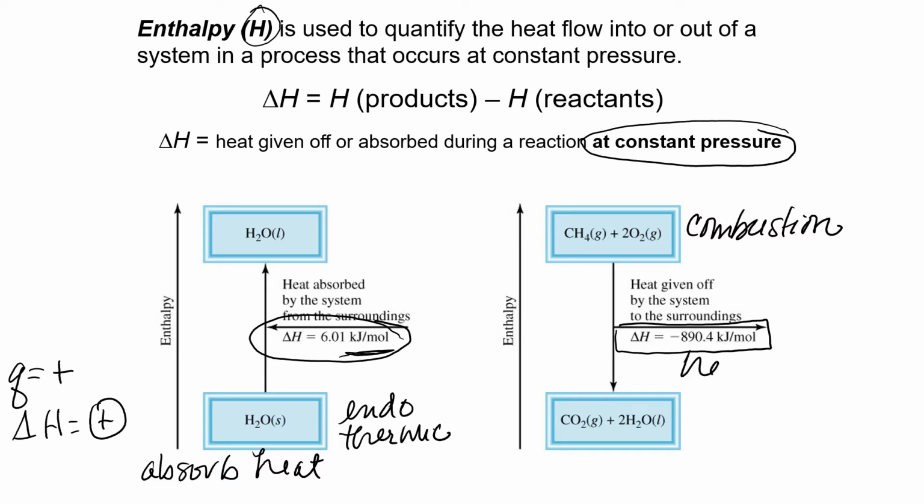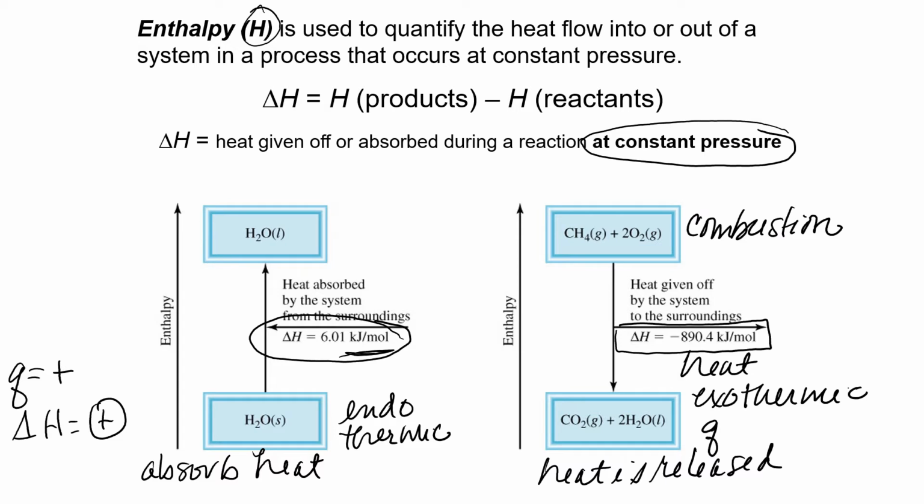Heat. So heat is given off. Heat is released to the surroundings, which again is exothermic. So Q is negative and delta H is negative.